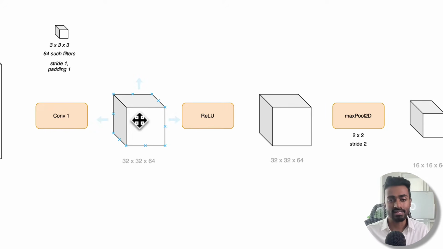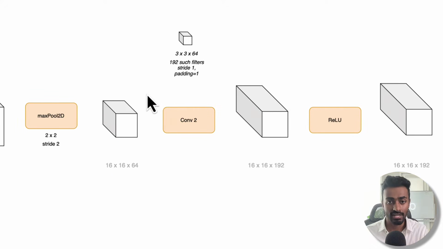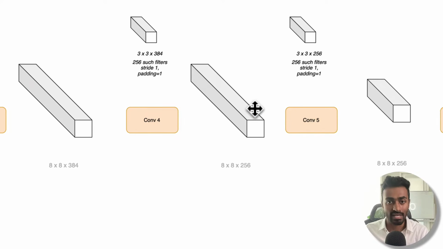Now the problem here is that because this is so deep already to begin with, it's already 64 dimensions, much more energy needs to be expended by these future convolution layers to summarize and aggregate that information. It does this because it needs to detect higher level features such as textures or other shapes. And this is only exacerbated as we go deeper in the network, as these now need to detect higher level concepts like faces or eyes, for example.